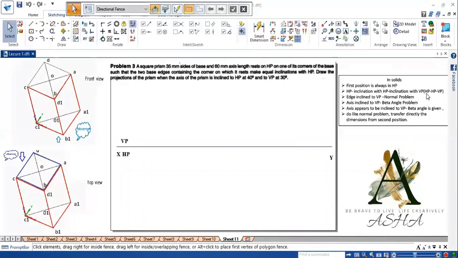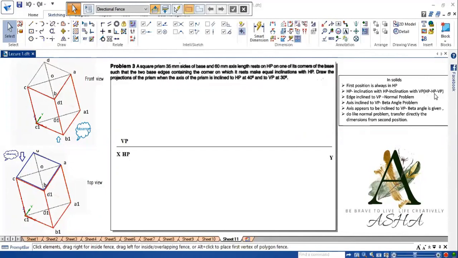So it is inclination with respect to HP and inclination with respect to VP. You have to see among these three problems, which one this problem is. Here it says that the axis of the prism is inclined to HP at 40 degrees.